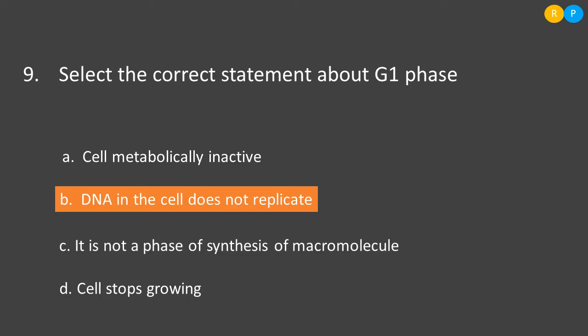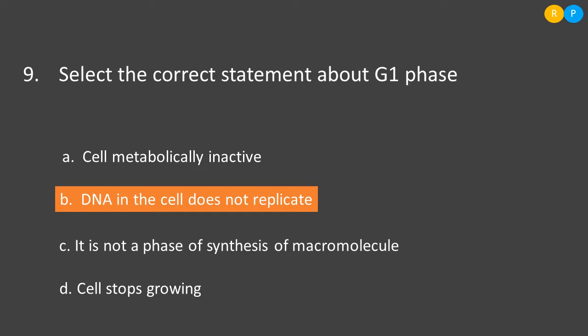So option A, cell metabolically inactive. This is the wrong statement because in the G1 phase the cell is very active. Then option B, DNA in the cell does not replicate. Clear. This is the correct statement because DNA replication in the cell starts in the S phase, not in the G1 phase.